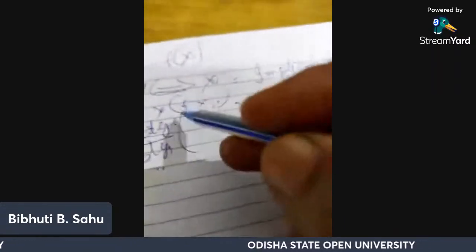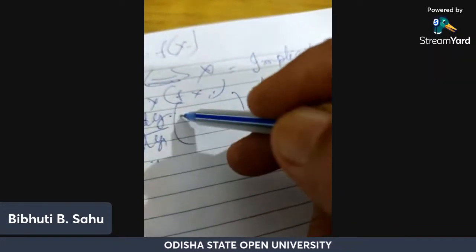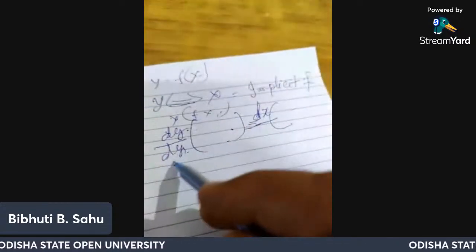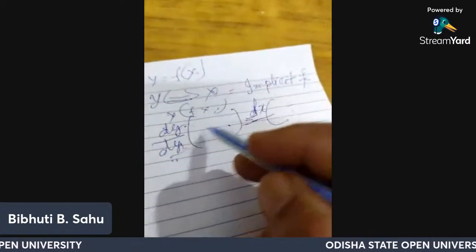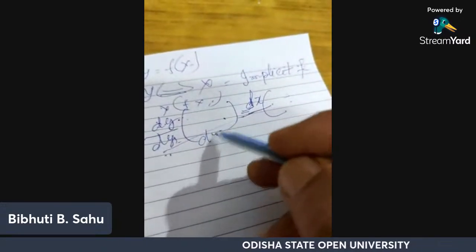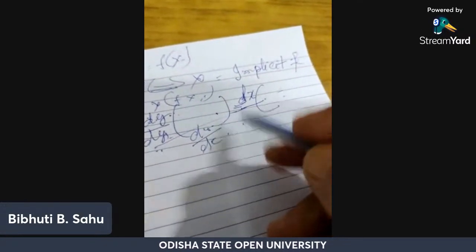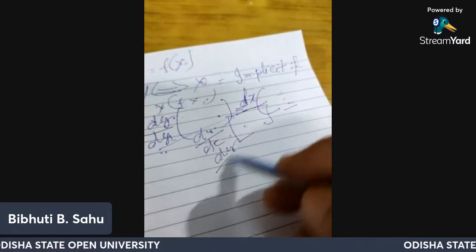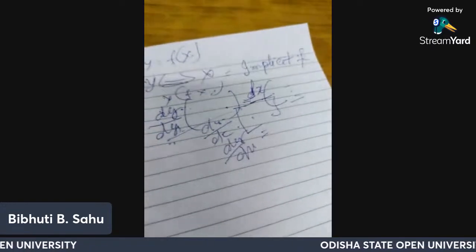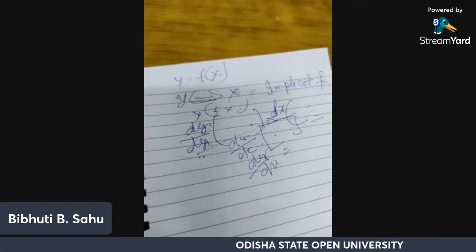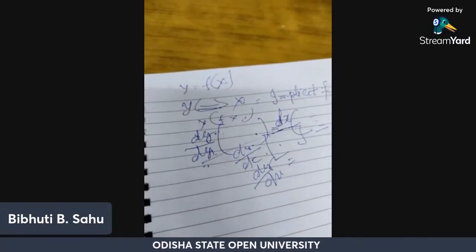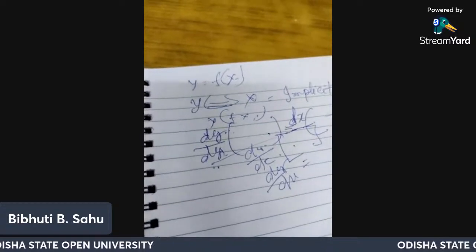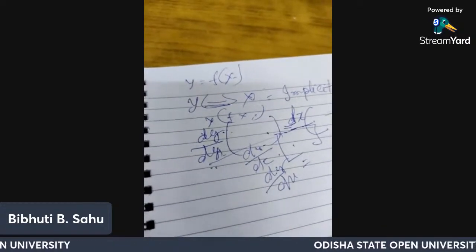So take the derivatives with respect to x on both sides. Then bring all the dy by dx terms to one side and take the other values to the other side and find dy by dx. When it is the case of an implicit function, that means we cannot completely express y as a function of x.